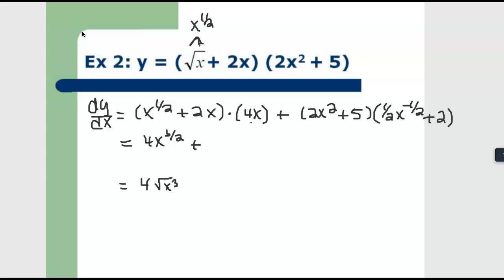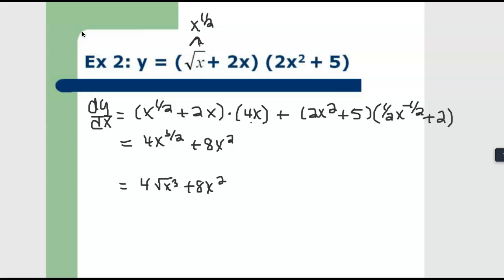Four times 2 is 8x squared. And then over here, you have to actually FOIL because you have two binomials.